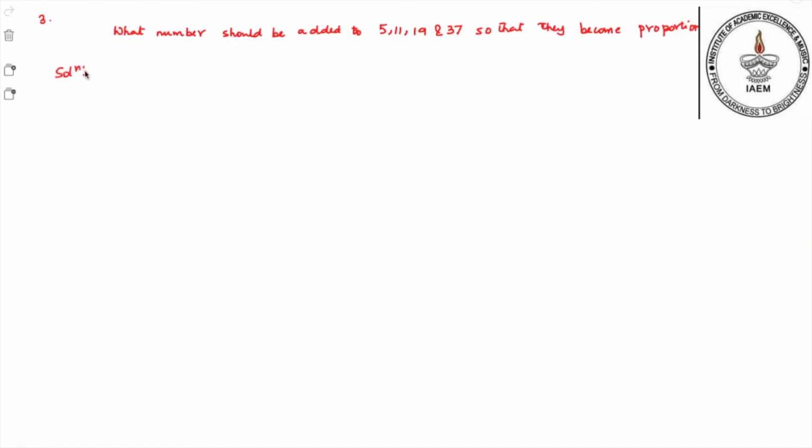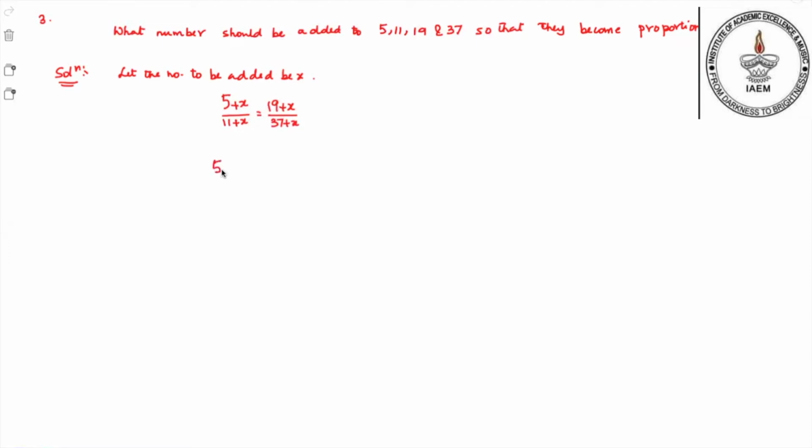The question is, what number should be added to 5, 11, 19, and 37 so that they become proportional? Simple. Because the number is not known, let the number to be added be x. So we have 5 plus x by 11 plus x equals 19 plus x by 37 plus x, which means the product of the extremes will be equal to the product of the means.